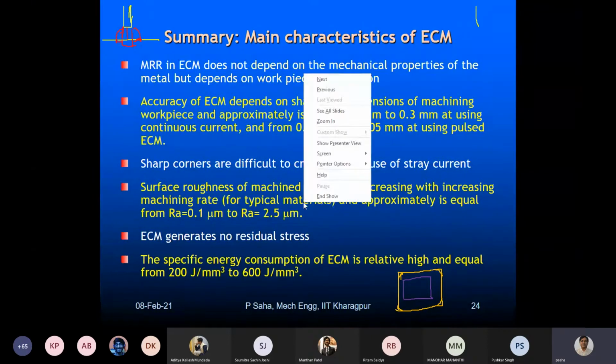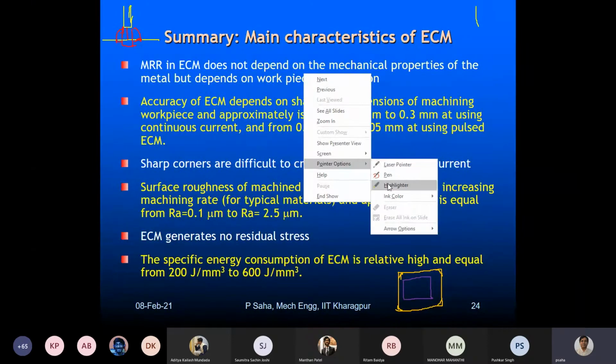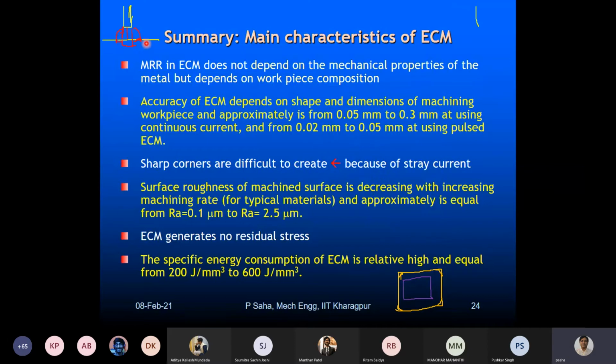If you recall, I said if this is an electrode and this bottom yellow line is the top surface of the job, the red lines are the electric field which will be distributed. Because of the stray current effect, most of the material will be removed under the footprint, but a little away from the footprint things will also get removed, so sharp corners will be difficult to maintain.